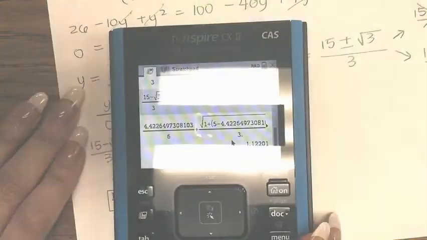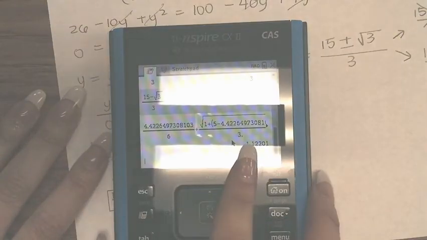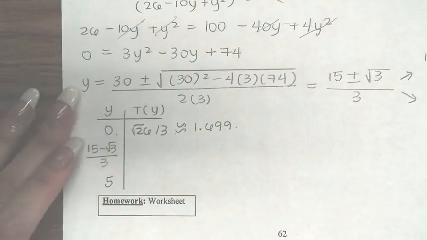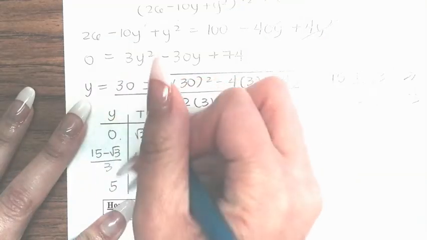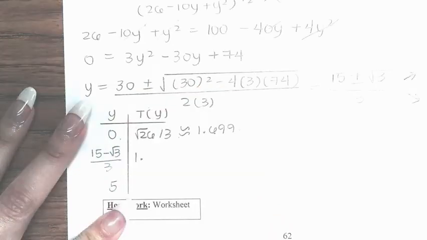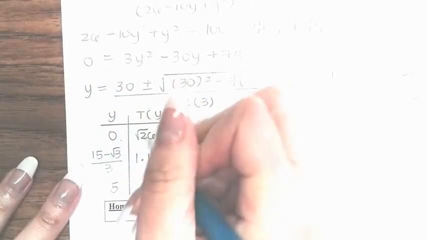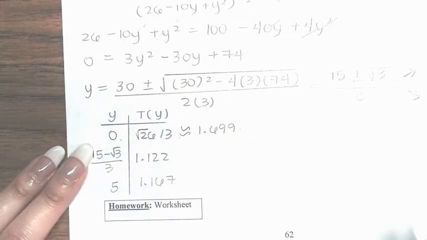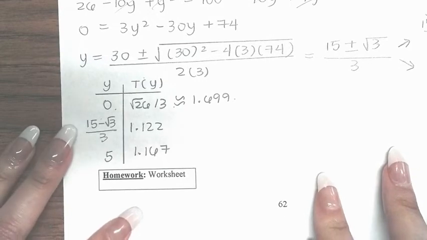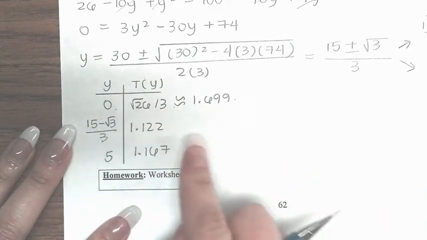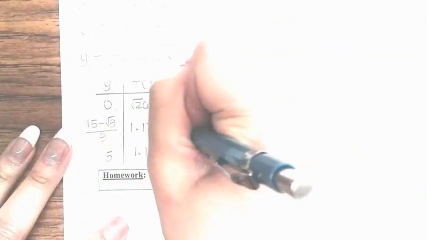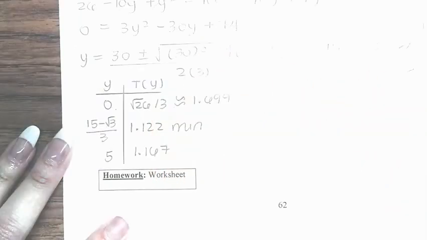Okay, so we have that it's 1.122. I don't know if you can see it there. Now I'm going to repeat the same process for the 5, and what I got when I plug in the 5 is 1.167. So you compare the values here, and the smallest that you have is this one, therefore this is going to be your minimum.